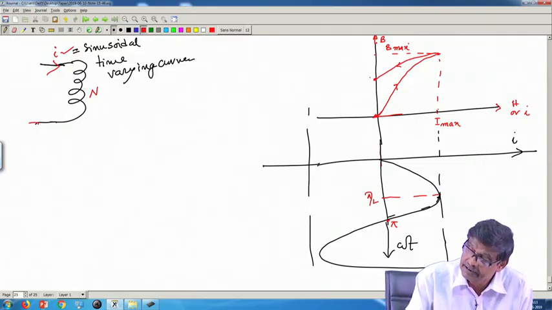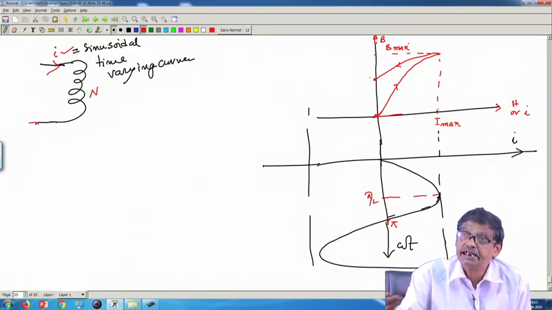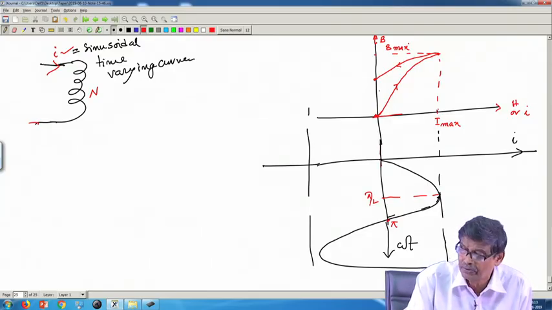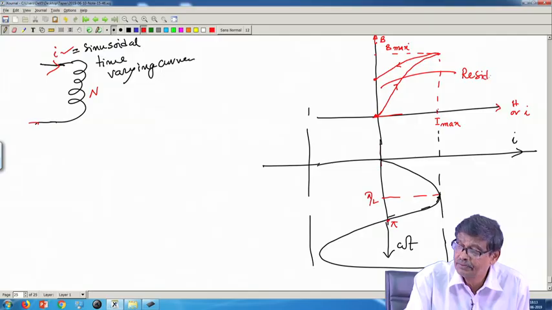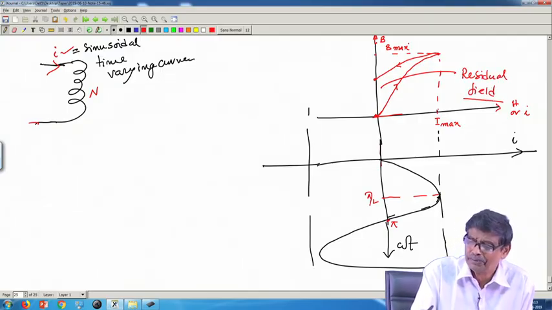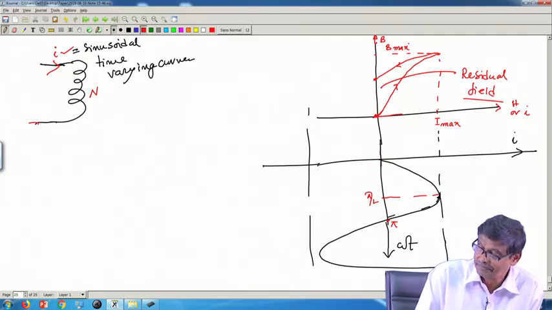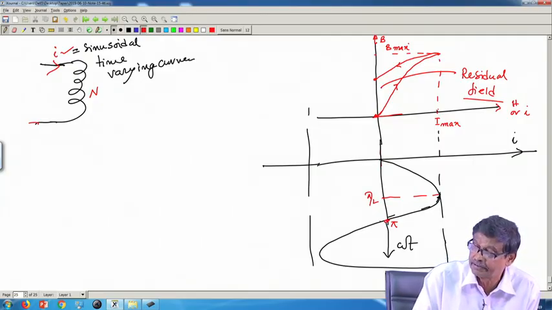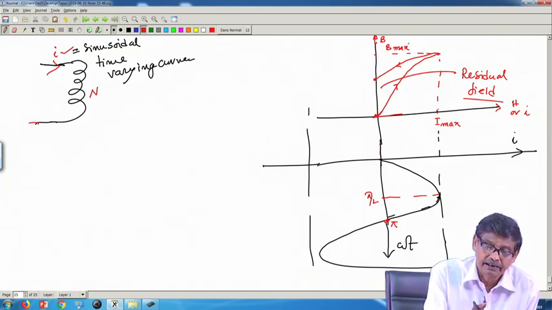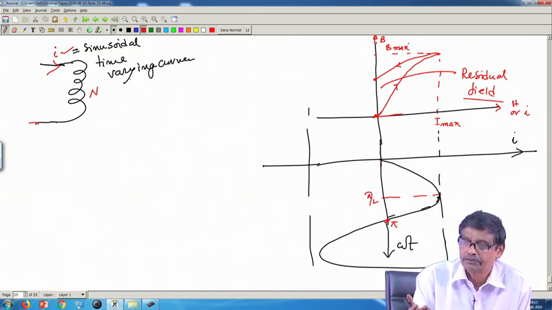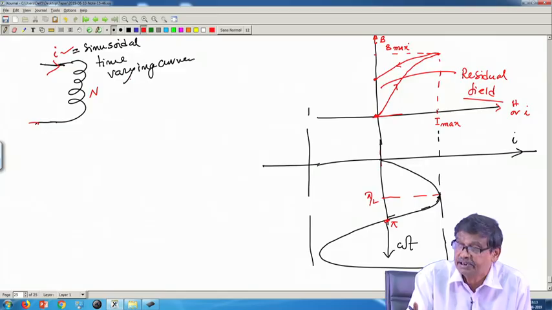And even when H has become 0, it is having some field retained, and it is called residual field. If somebody stops everything here, only one pulse of current passes, you will find this iron piece will become a sort of permanent magnet, retentivity, and it will have a residual field like this.